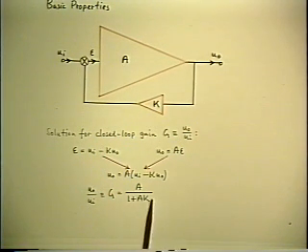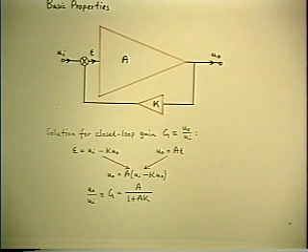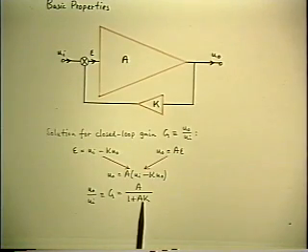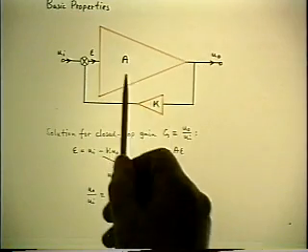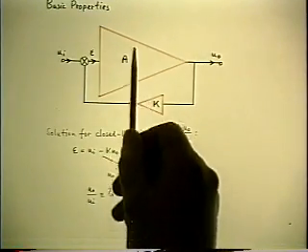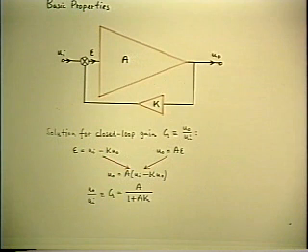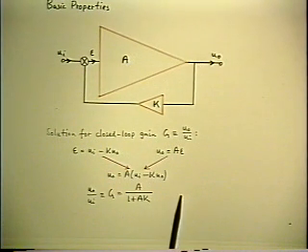Numerically, we want to add it to 1. That's what constitutes negative feedback. Which means that A and K have to have the same sign. In other words, they're both non-inverting amplifiers or they are both inverting amplifiers. And that's the necessary polarity for feedback to be negative.